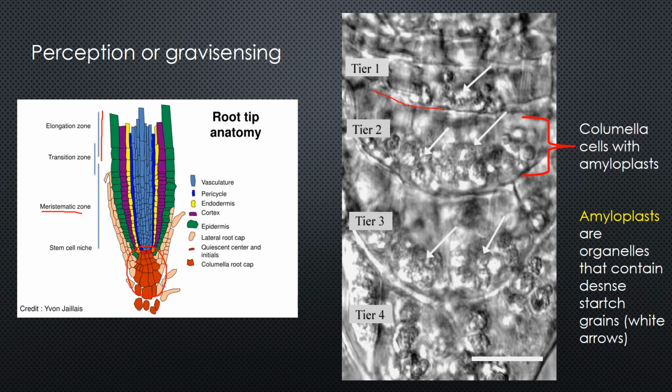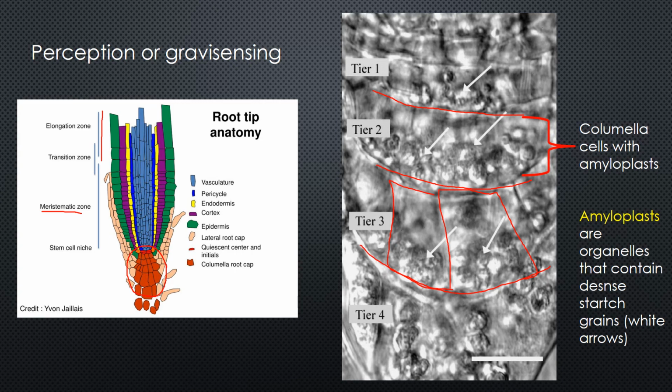So you can see right here where those 4 tiers break down. And so for example, in this tier 3, this right here is one columella cell, and here is another one right here. Okay, so actually in Arabidopsis there's a total of 16 columella cells. That's not really that important, I just thought I'd let you know.